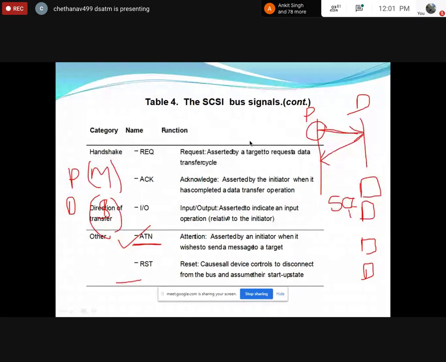That is what reset is. Even if I want to add one more disk, you can reset. That means I am just making a connection with the SCSI controller. That's all.